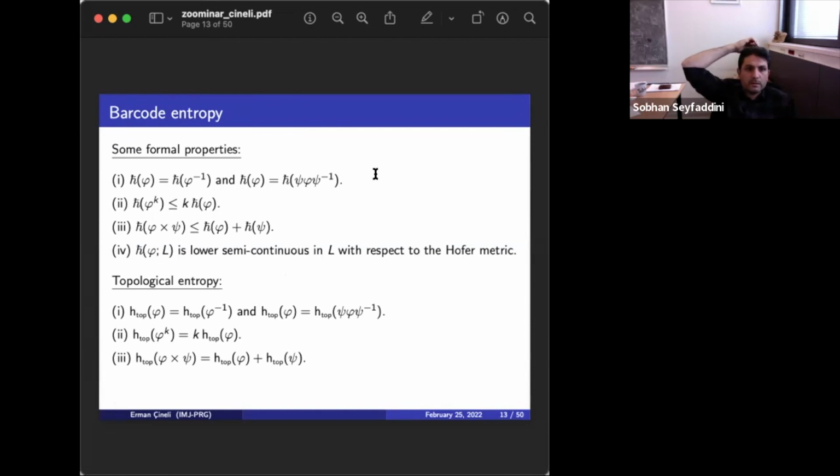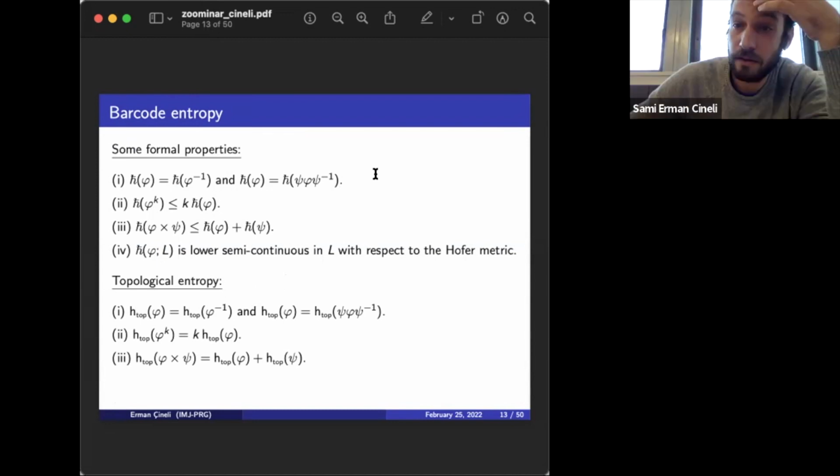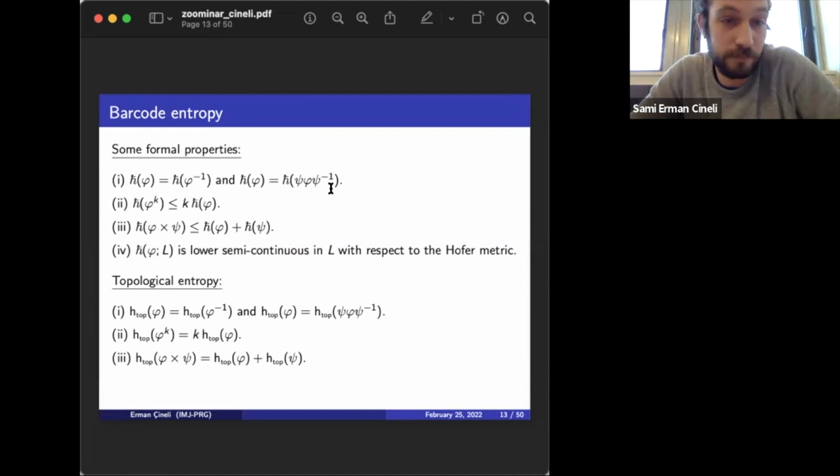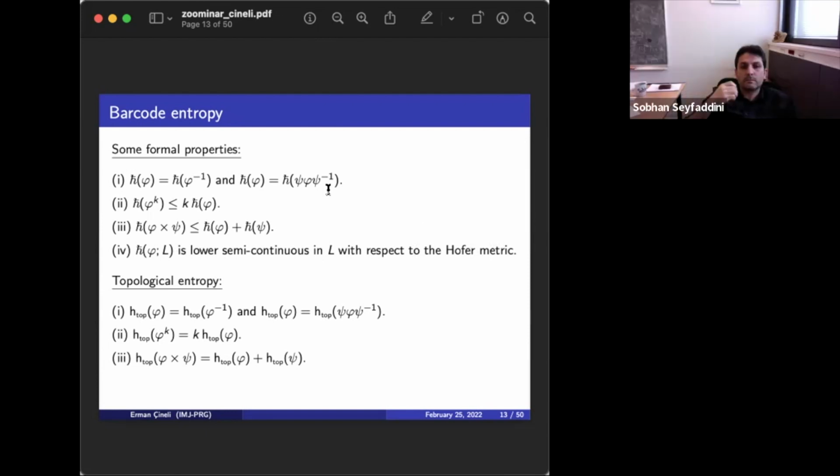Exactly. They follow from definitions. I mean, 2 and 3 from definitions. 1 and 4 are properties of barcodes. The fourth one is stability of barcodes with respect to the Hofer perturbations. Okay, thanks.